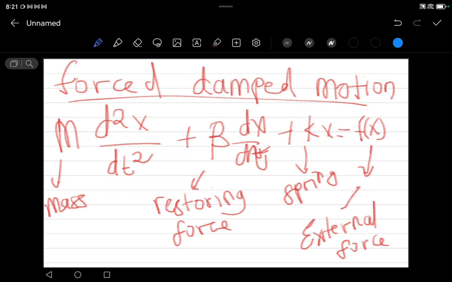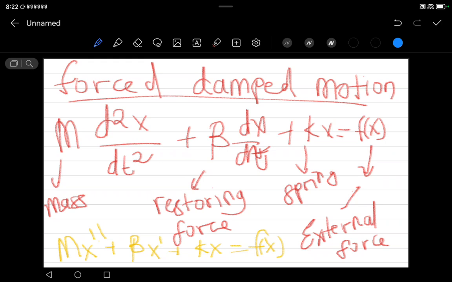Okay, and then from here we can write our equation like this, as m x prime prime plus beta x prime plus kx equals f of x. To show that this is a second derivative, and here it's a first derivative.